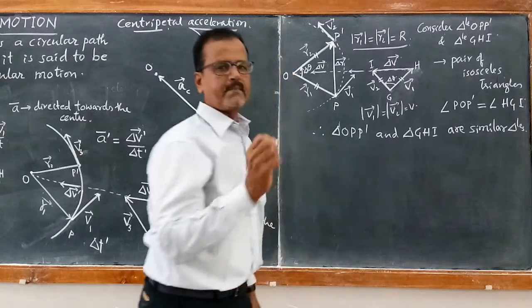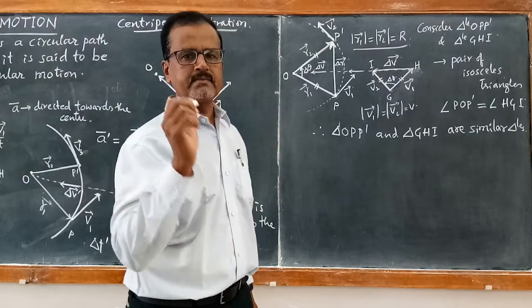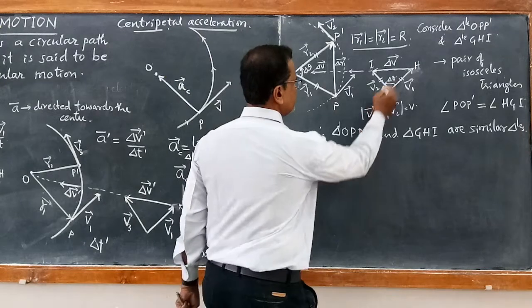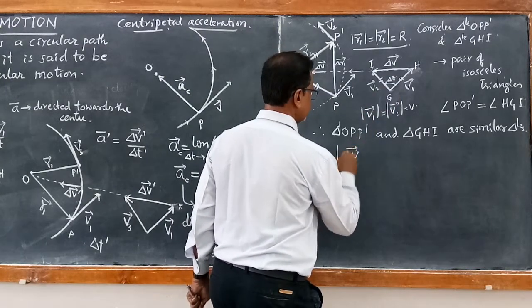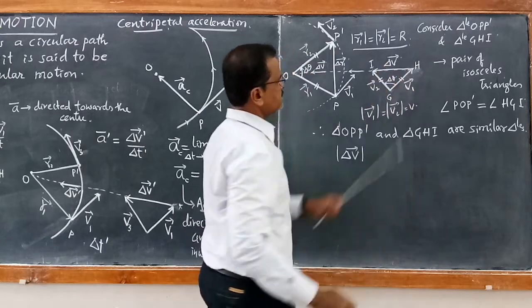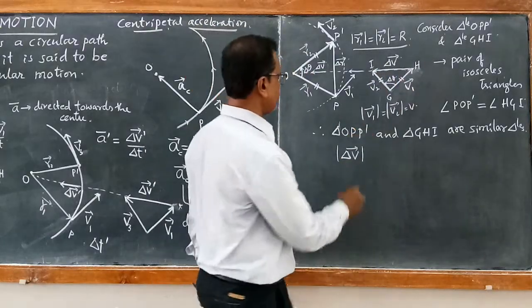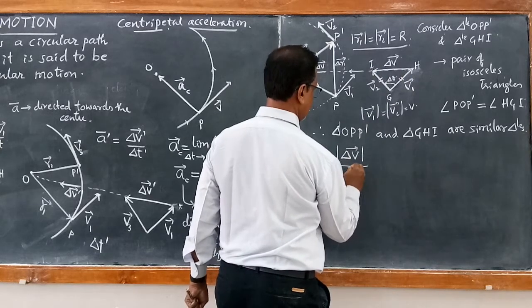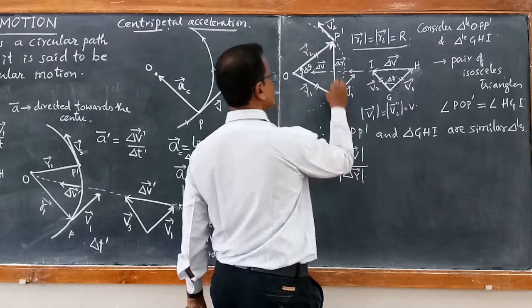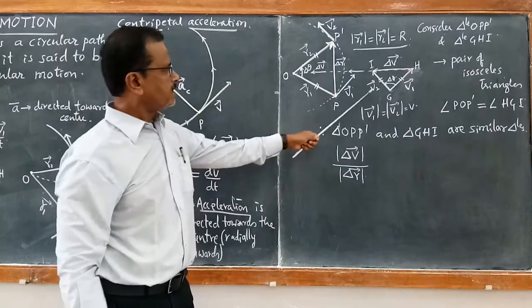So using that property of the ratio of corresponding sides being equal, I am writing delta V magnitude. HI means the length of this delta V, divided by delta R magnitude, that is PP'.